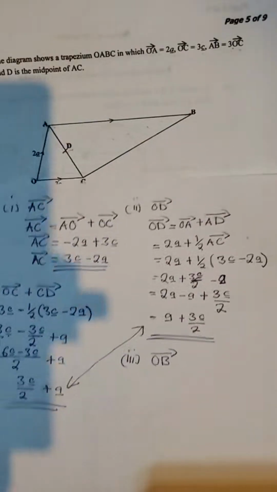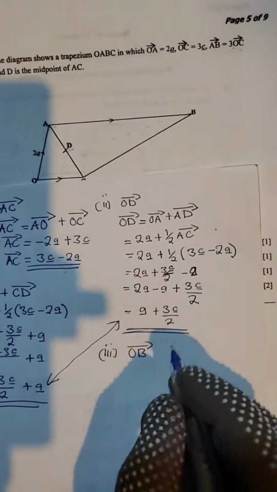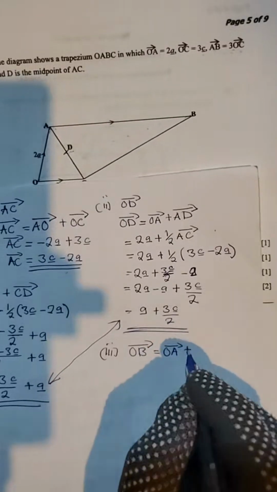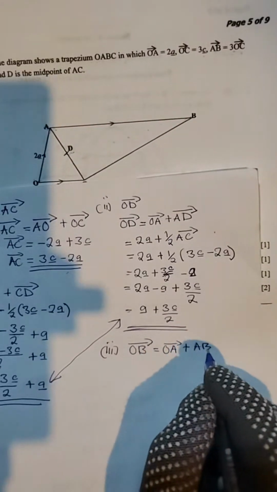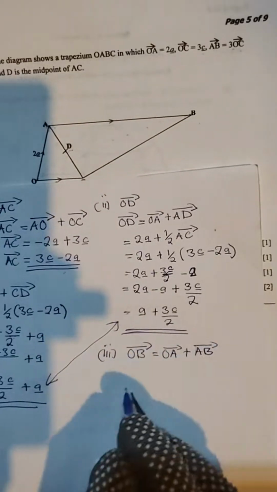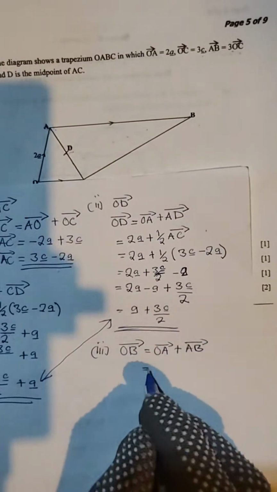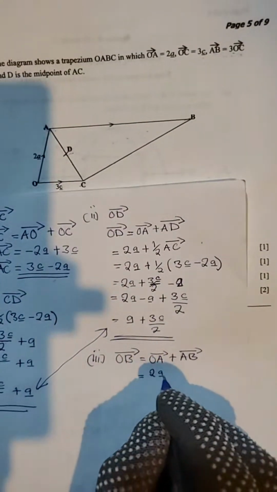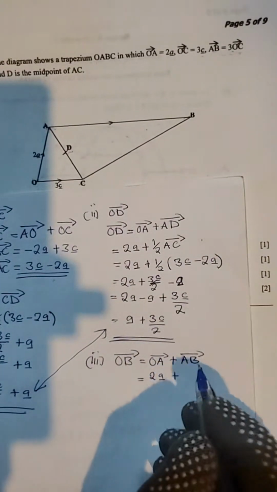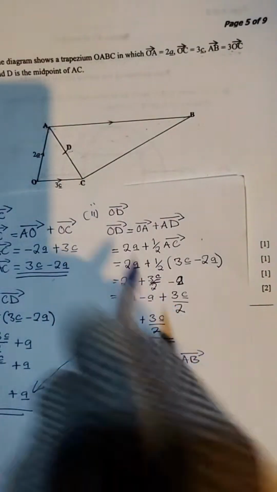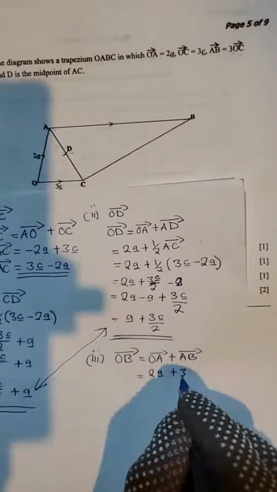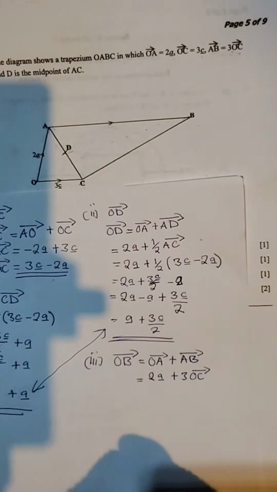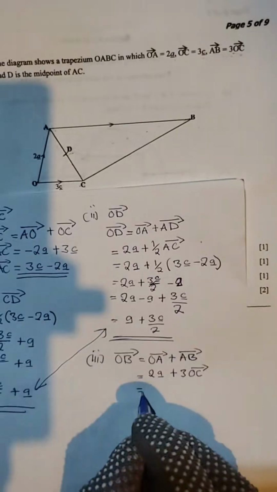So we're going to use here OA plus AB. Simple. Then OA is 2 vector A plus AB, and AB is this 3 OC. We are just showing here what you are given.